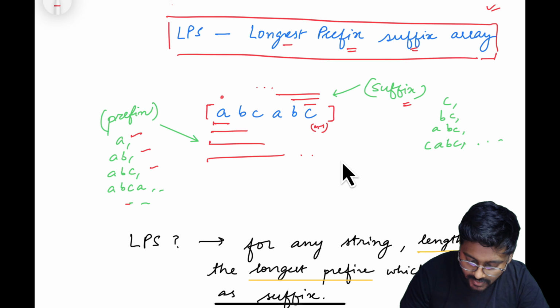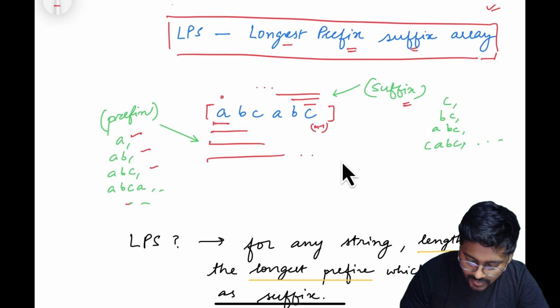So what is LPS? Longest prefix which is equal to suffix. In this case, if I have a look at this prefix ABC, ABC is also present in the suffix. And apart from that, if we look at the other options, we are not going to see any matching. So ABC is a substring which is prefix and suffix of the same length, and this is the longest, because in this case there are no smaller options.